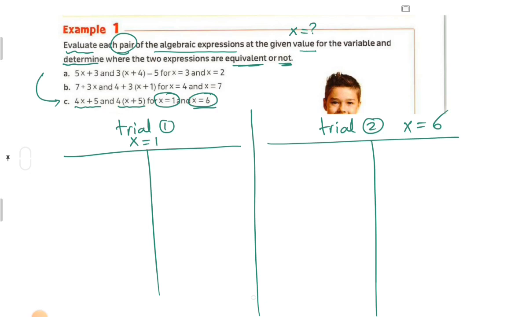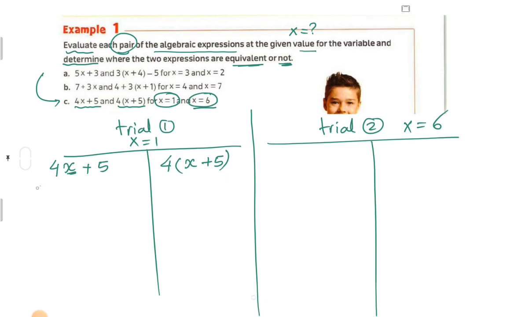Now the first expression, 4x + 5, and 4(x + 5). Now substitute x equal 1. So remove x and put 1.